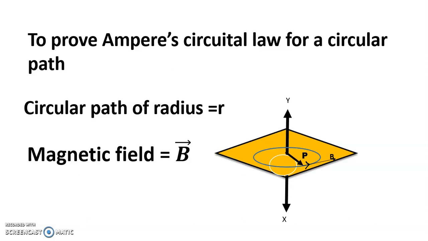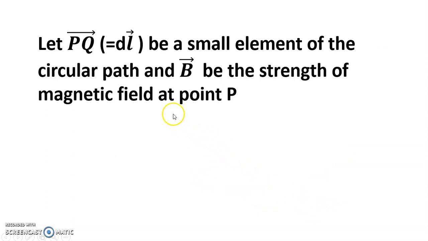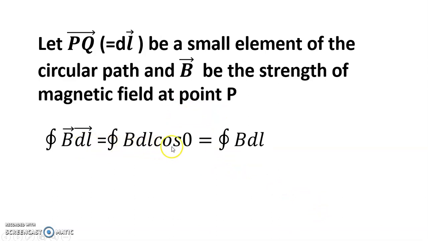Obviously, the vectors B and dl are along the same direction, and hence the line integral of the magnetic field over the closed circular path is B dL cos 0, which is equal to B dL.